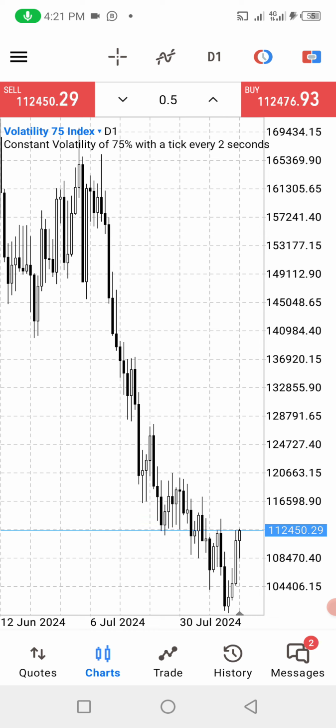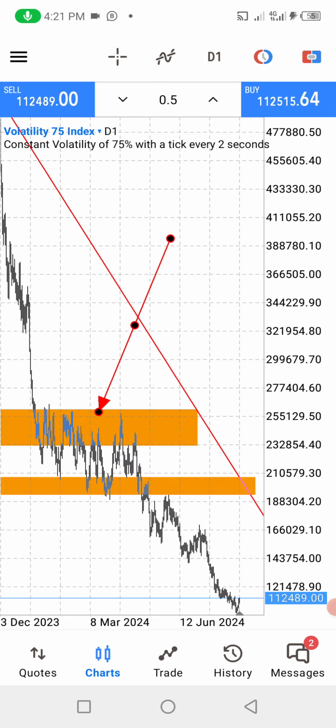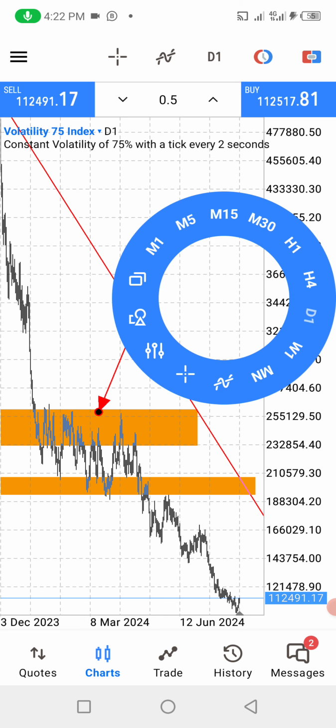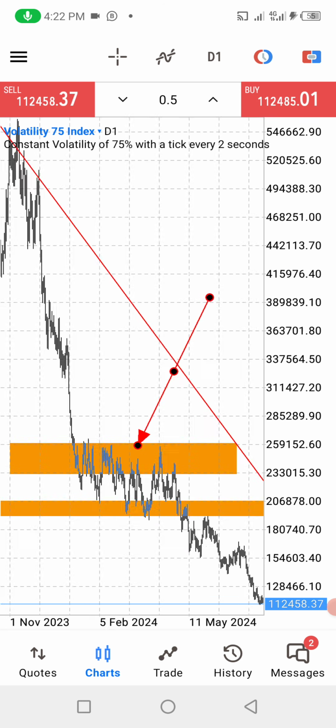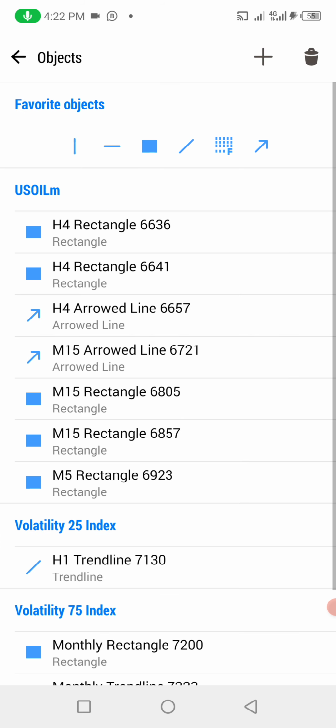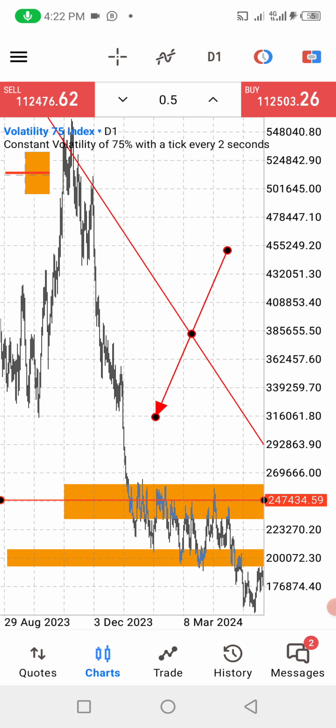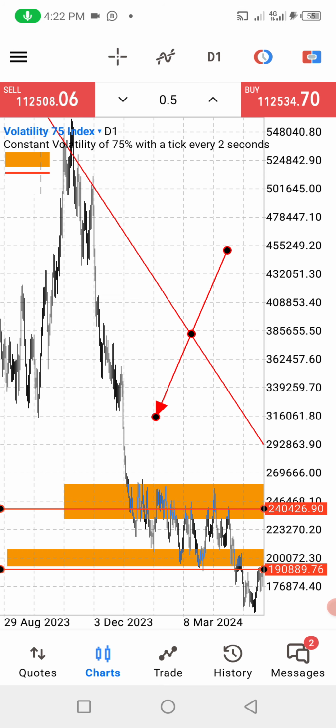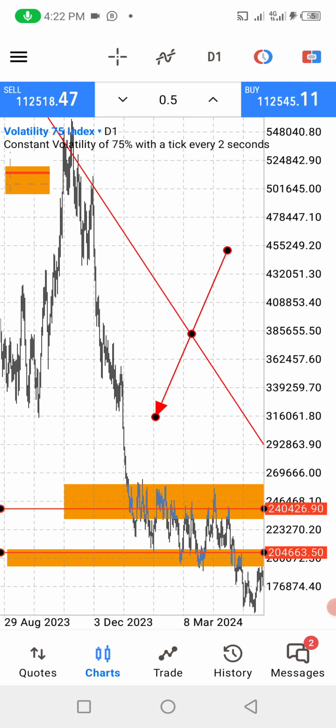Okay, but in our VIP, we just give you the right signal that wins trade. Simple. So right now, you can see that in the daily, there's some stuff that's happening. You can mark some stuff there. Here, price mostly rejects from this area, from this line. And for the support, price mostly rejects from this price.